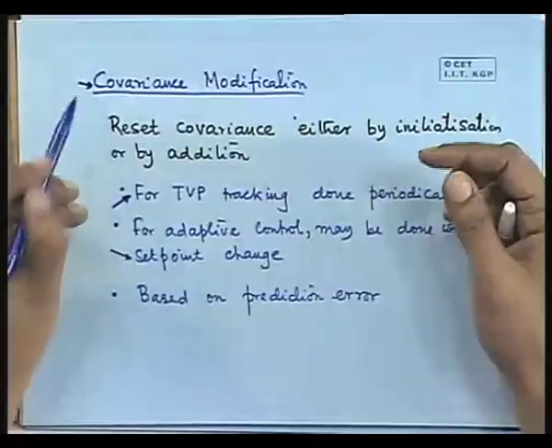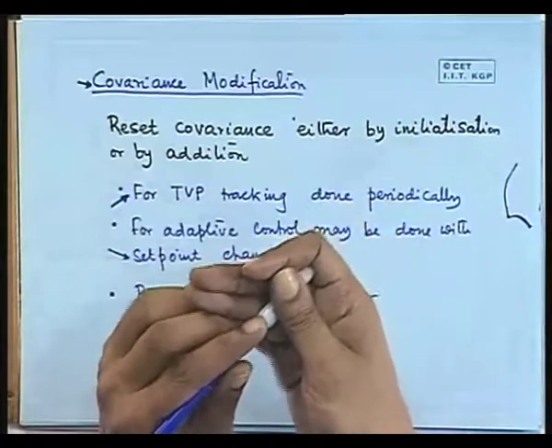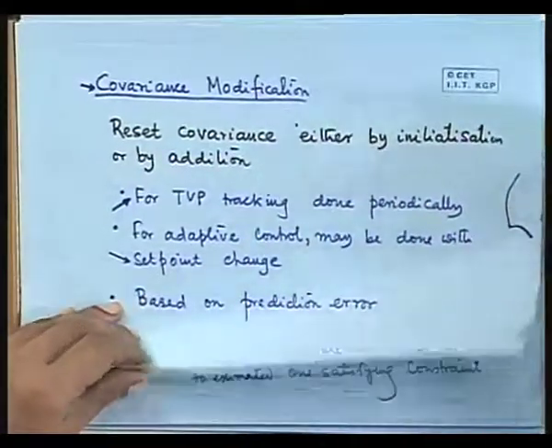At least you need to retune your estimator, boost the covariance, set it again, maybe not exactly like an initial value, but give it a strong value. So this is also required very much. If you don't do it, then after some time it will take a long time for the parameter to track.